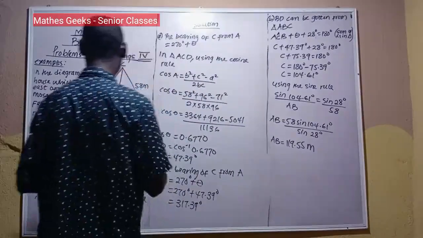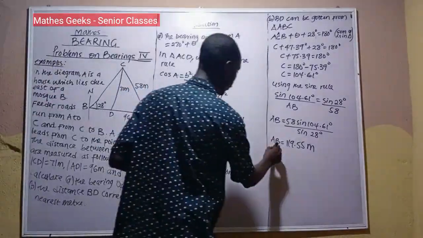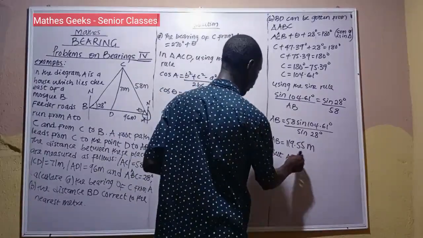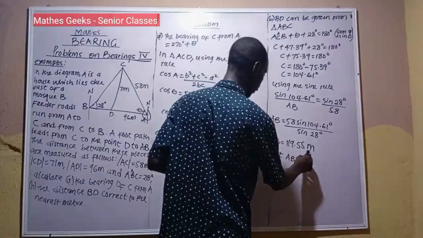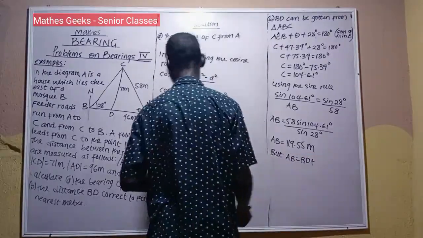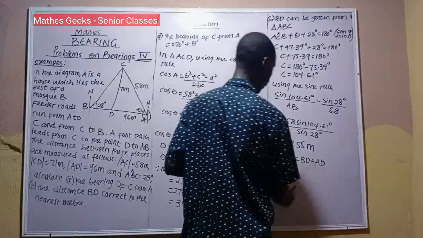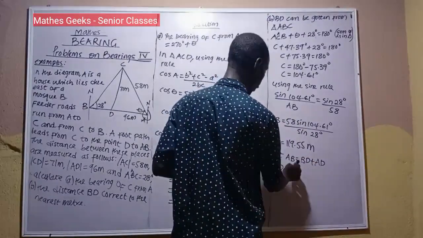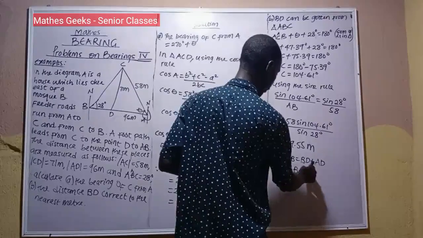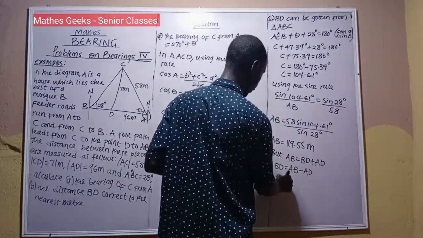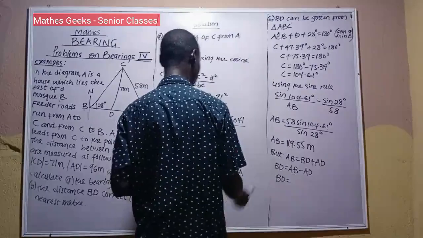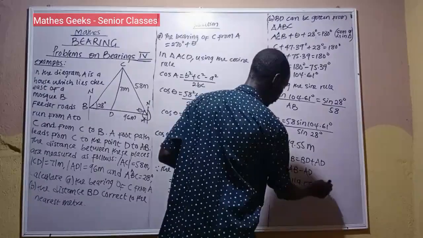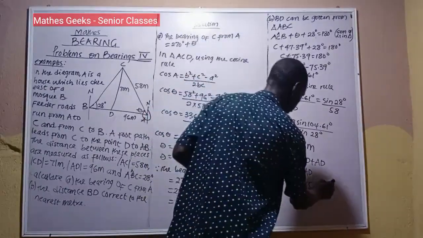But remember, AB is equal to BD plus AD. Therefore, if you make BD the subject of the formula, BD will be AB minus AD. So BD is equal to AB, which is 119.55, minus AD, which is 96.